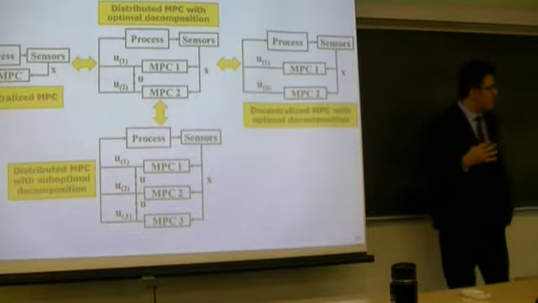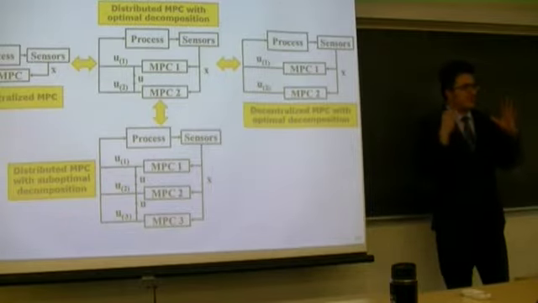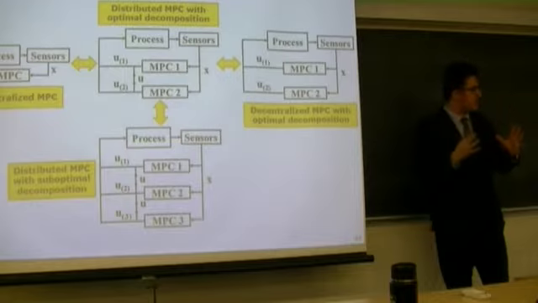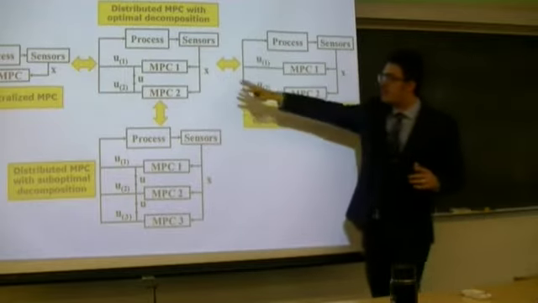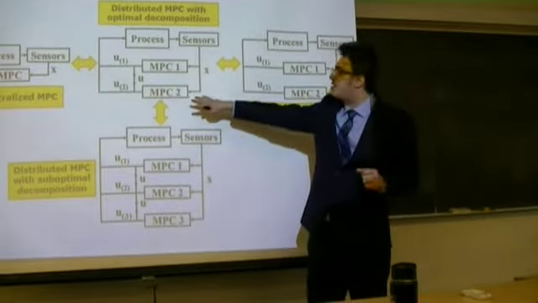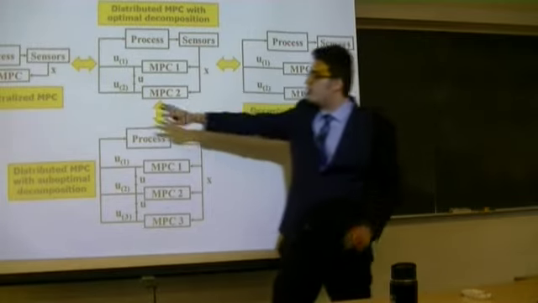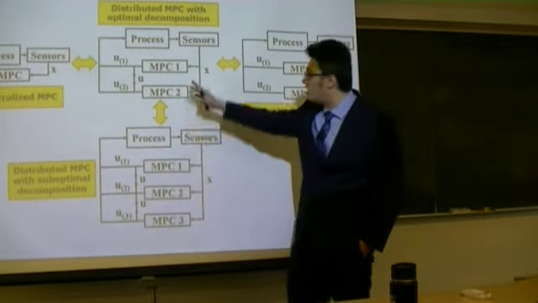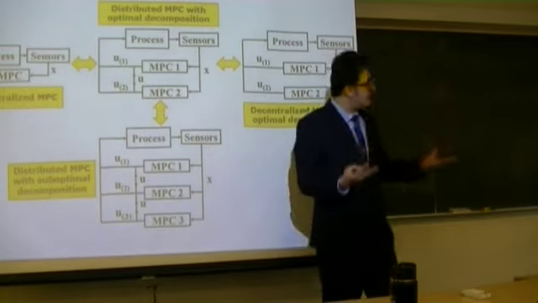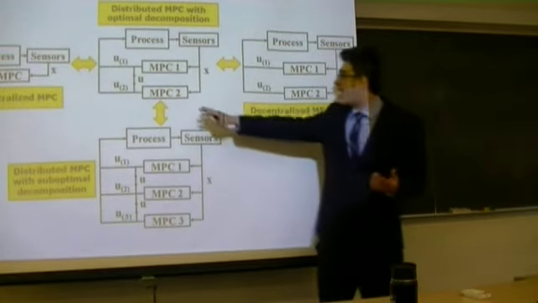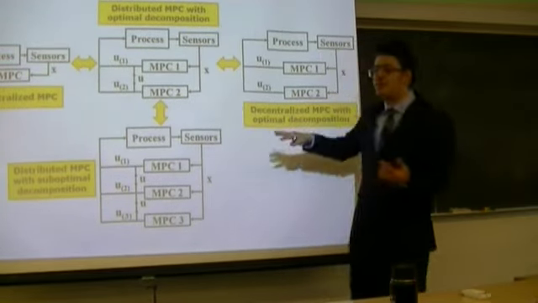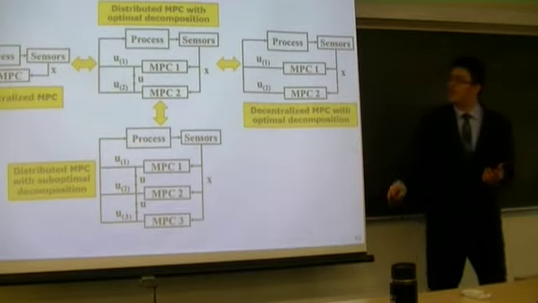Just to make sure that this is the best candidate for the distributed control architecture, we compare distributed MPC based on optimal decomposition to the centralized MPC, to the distributed MPC using a different decomposition, and to the decentralized MPC using the same optimal decomposition.